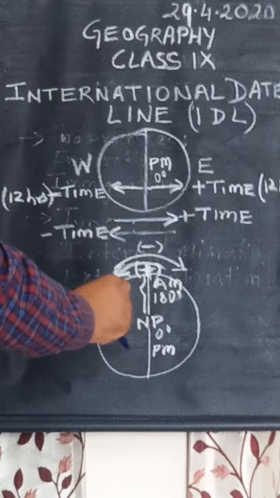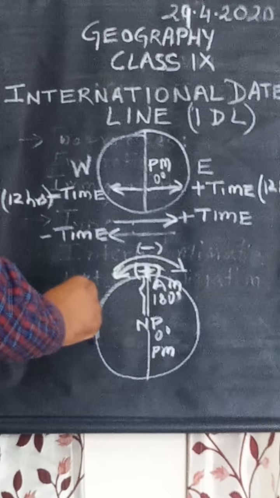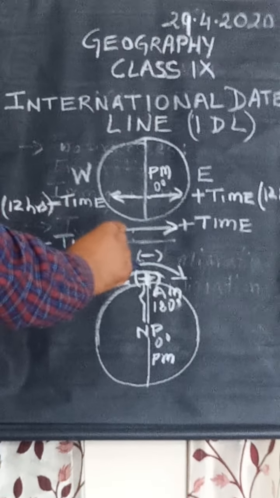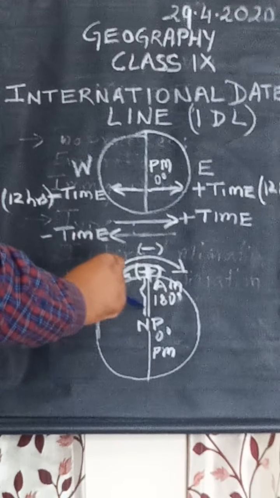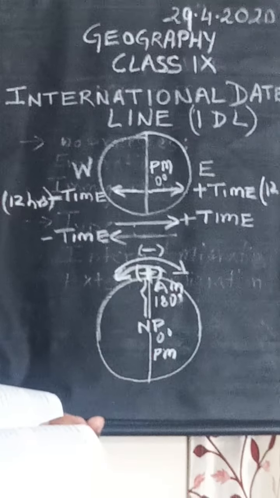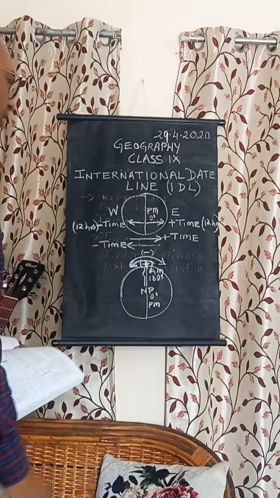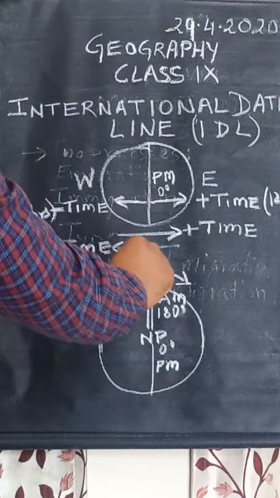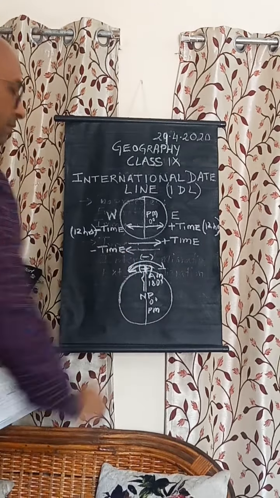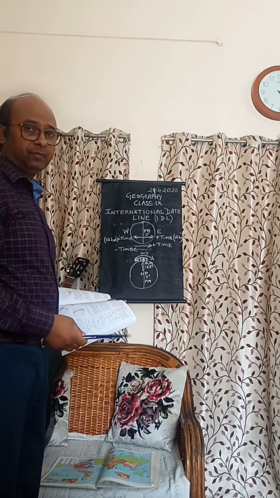Now suppose a person is traveling from the 0-degree prime meridian by plane going from the west, and he is about to cross the international date line. Okay, this zigzag line is the international date line. Why it is zigzag, I shall tell you a little later. Suppose he crosses this international date line and goes eastward. He will lose time. That means he will lose 1 day.